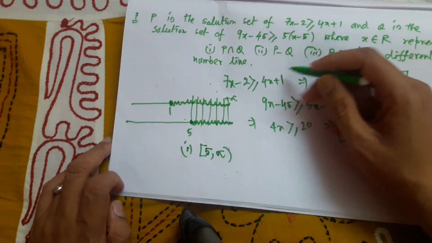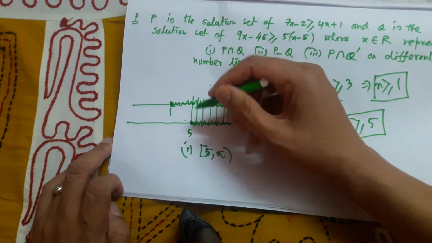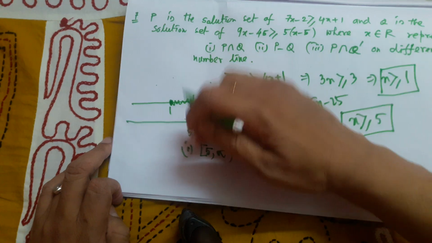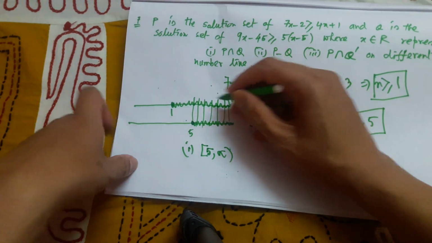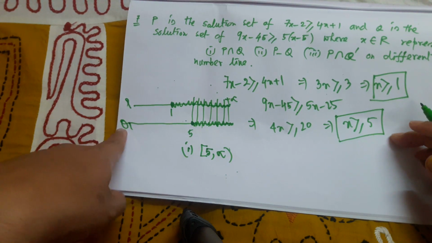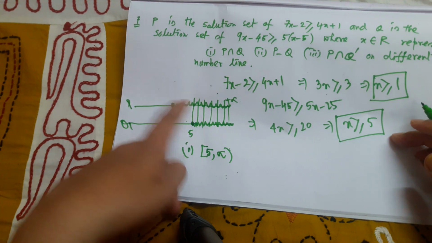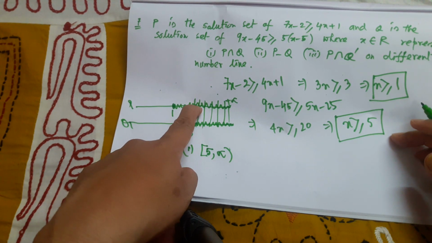And P minus Q. P minus Q means we have to delete Q from P. So this is P and this is Q. If we delete Q from P, then here 5 will not be there.